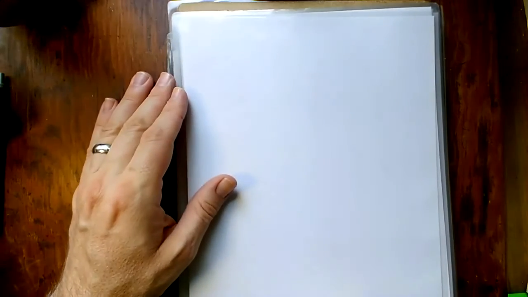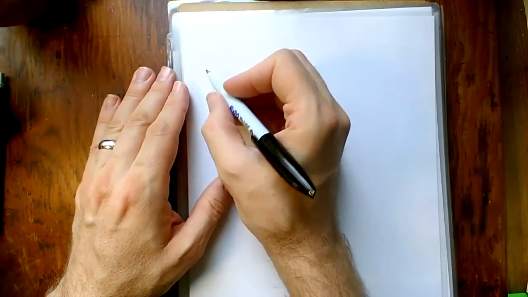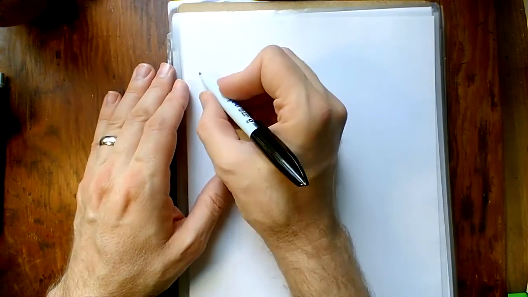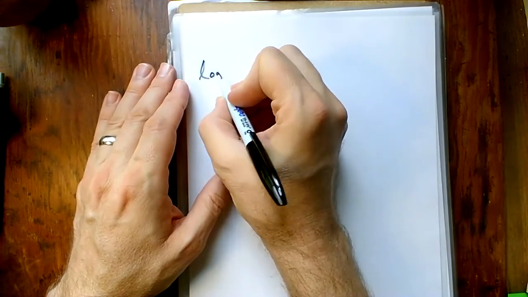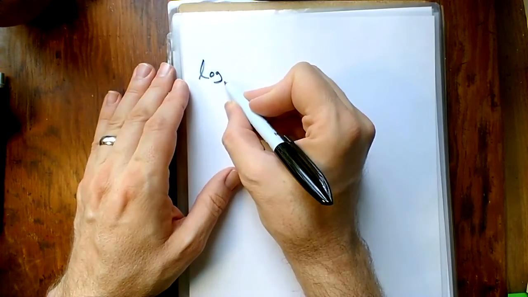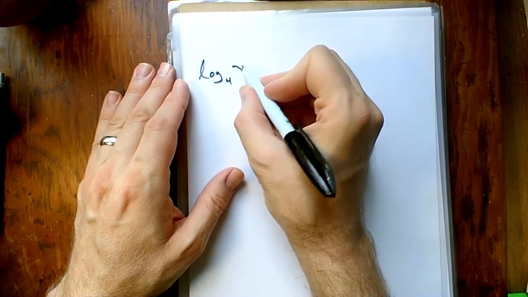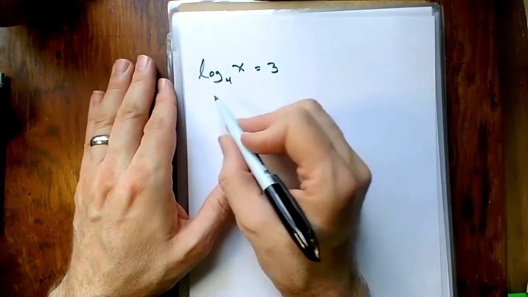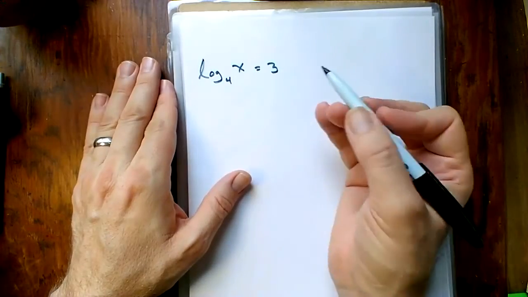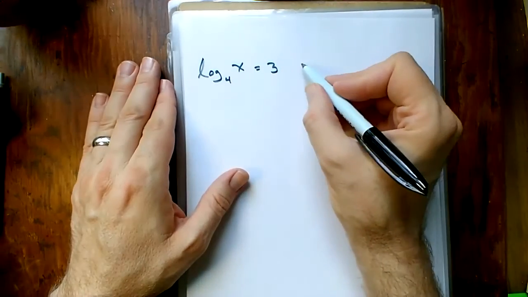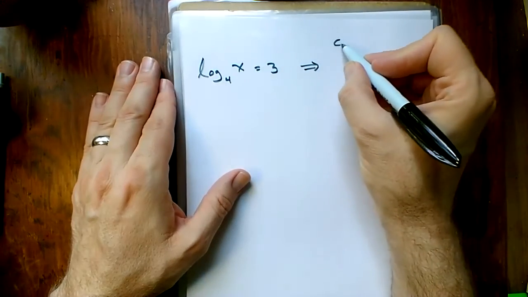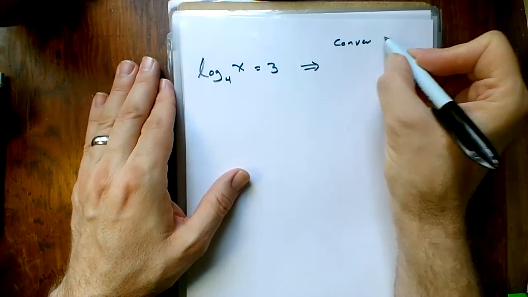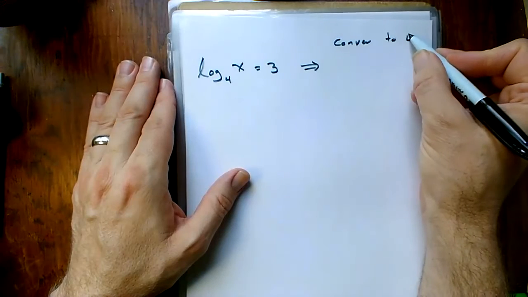Now, there's a bunch of things that we're going to do with logarithms. One thing that you can do is solve equations. If I were to say, okay, log base 4 of x is equal to 3, I can solve an equation like this by converting to our exponential form.